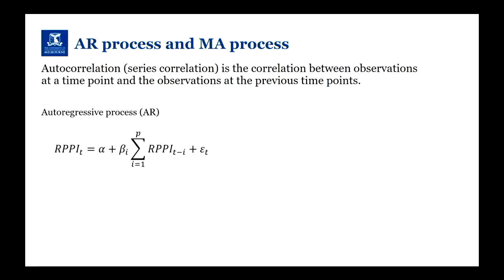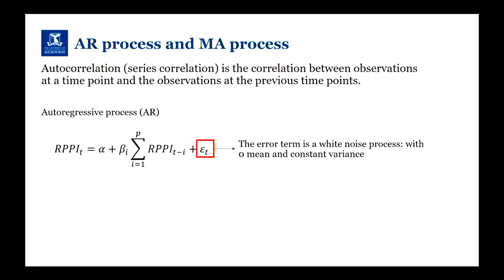One process is called the autoregressive process, or AR process, and that assumes that the house price is influenced or correlated by its historical value or by its historical performance. And in this equation, we assume that the residue, or the error term, is a white noise process where it has zero mean and a constant variance, or it's independent from the variable or from the house price.